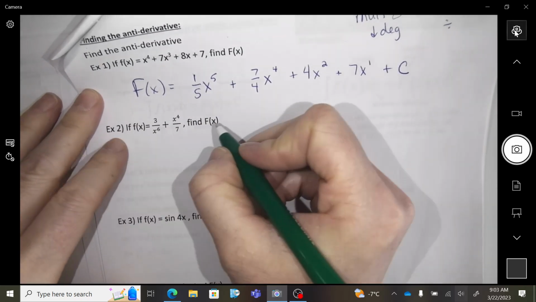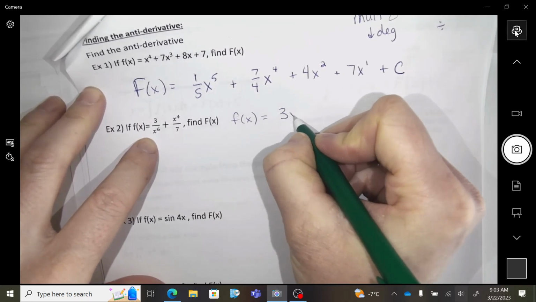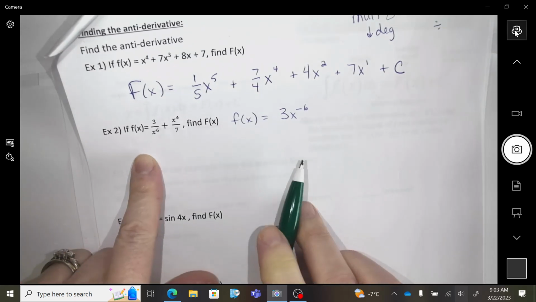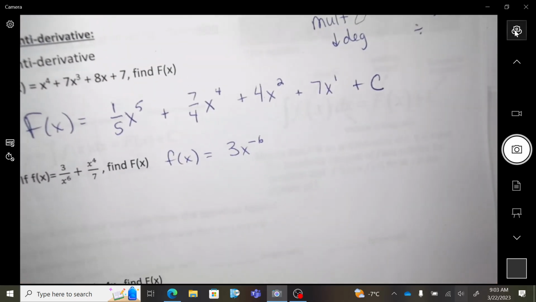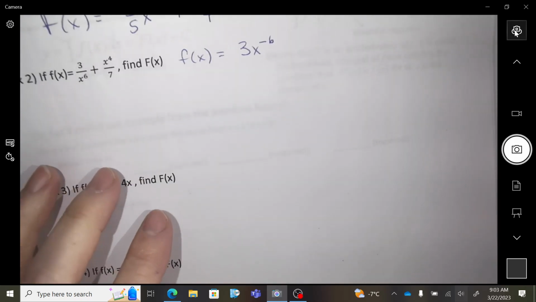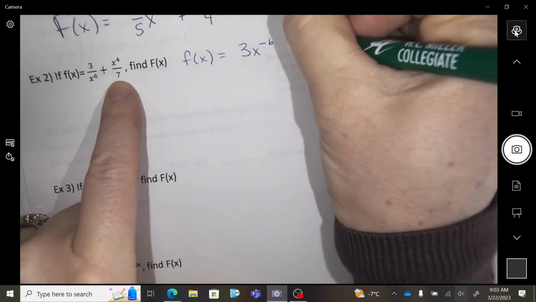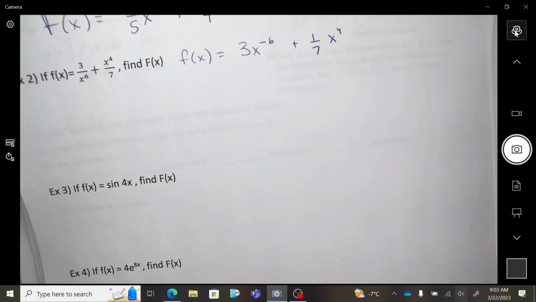Okay, so I'm going to rewrite this actually for number 2. I'm going to rewrite that with an x to the negative 6. And I'm also going to rewrite this as a plus 1/7 x to the fourth.